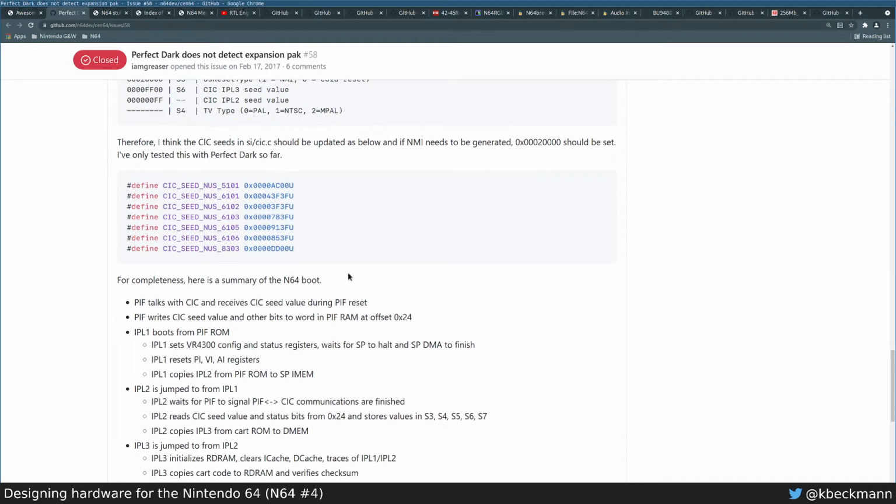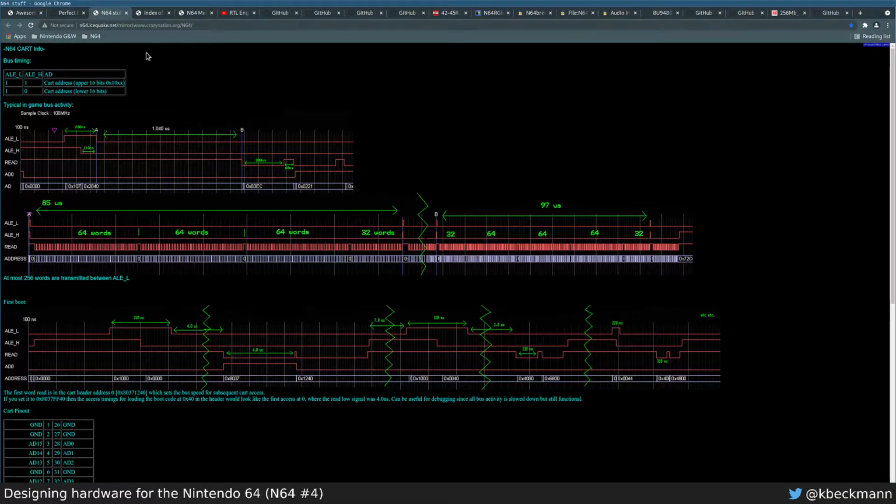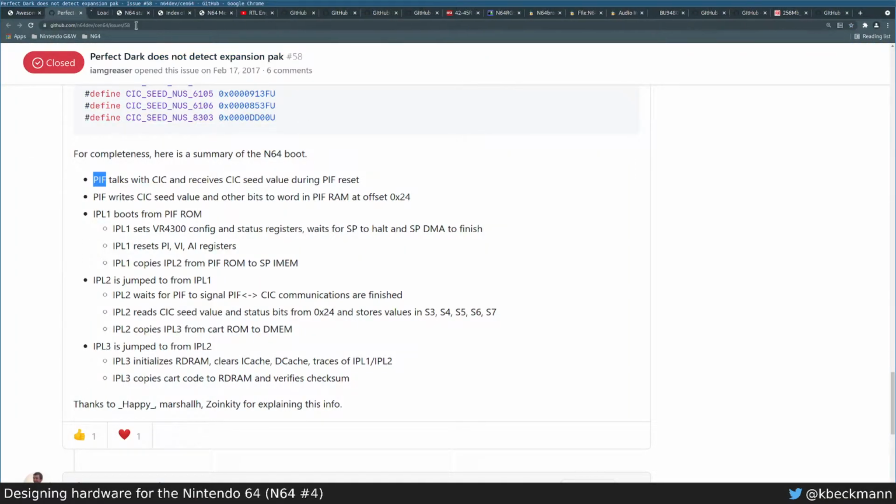So here is the boot process. I really don't understand this on a deep level. I have just barely scratched the surface, but I think I understand the concept at least. I actually don't know what IPL stands for, but this seems to be the boot process at least.